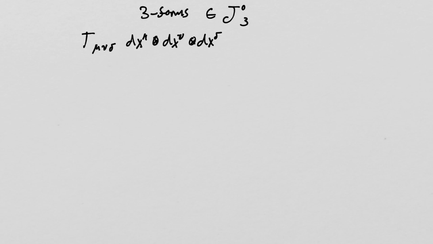And we want it so that when it operates on a series of vectors, A alpha partial alpha, B beta partial beta, C gamma partial gamma, what we're after is that if we interchange any two of these arguments, we want the sign of the resulting real number to change.